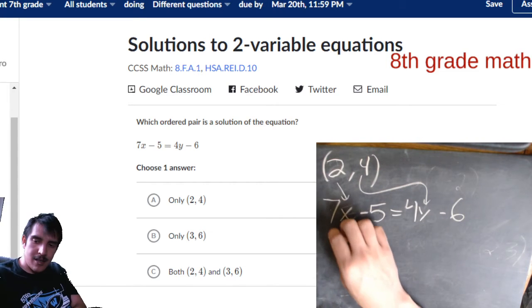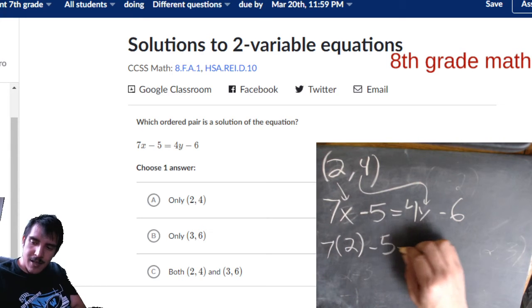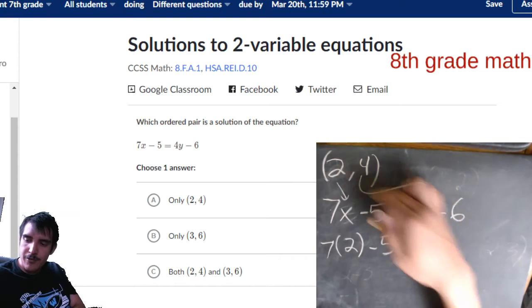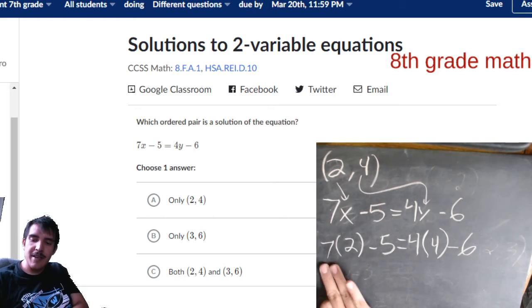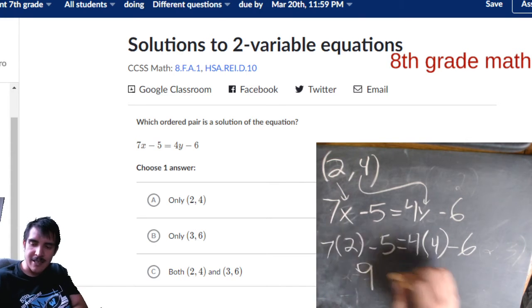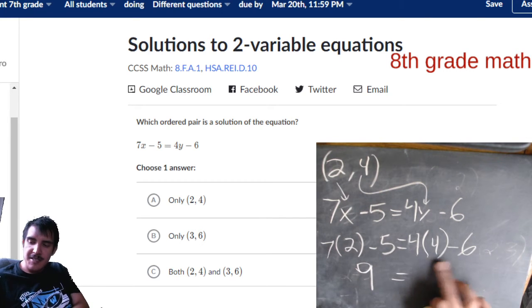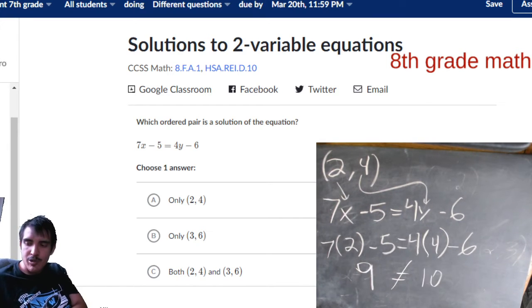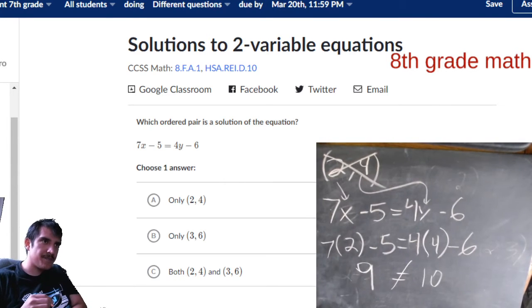So if you do that, let's rewrite that. 7 times 2 minus 5 equals 4 times 4 minus 6. Let's see if both sides are equal. 7 times 2, 14. 14 minus 5, 9. So you get a whole 9 on this side. And on this side, 4 times 4 is 16. 16 minus 6 is 10. And we get 9 equals 10, which is not true. So this ordered pair 2 comma 4 is not a solution.